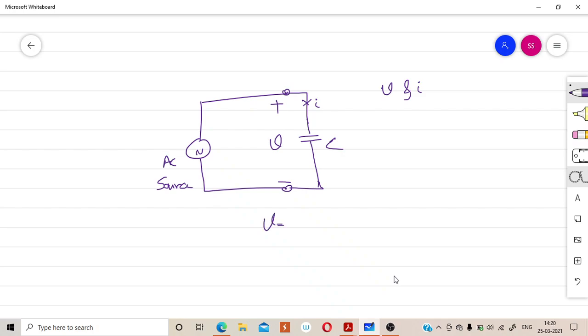V, small v, is equal to Vm sin omega t. So this is our AC supply, and it is connected across a capacitance C farad.